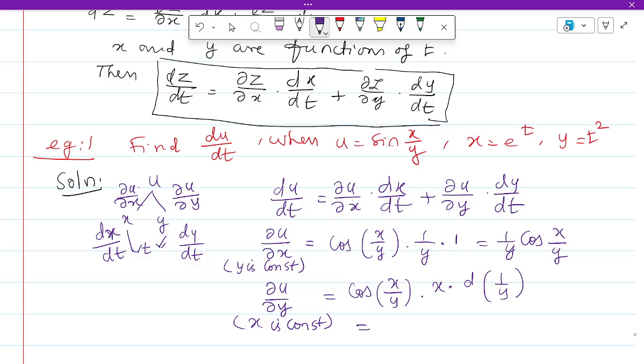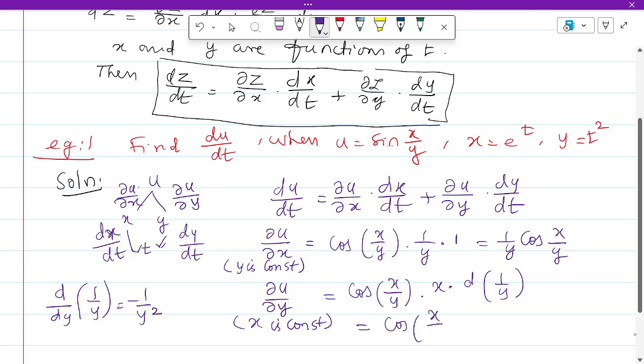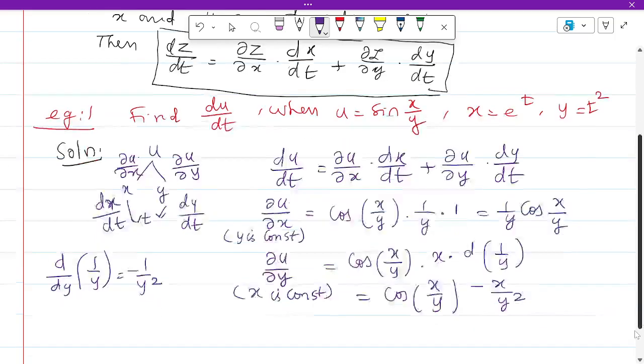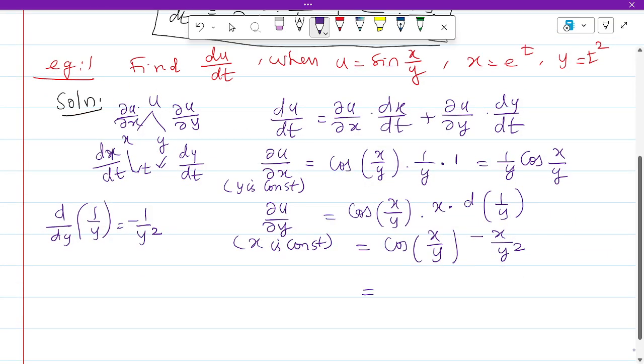So differentiation of 1 by y, we know that d by dy of 1 by y is minus 1 by y square. So using this, the result here we will get is cos of x by y and then minus x by y square. So we will get minus x by y square cos of x by y.